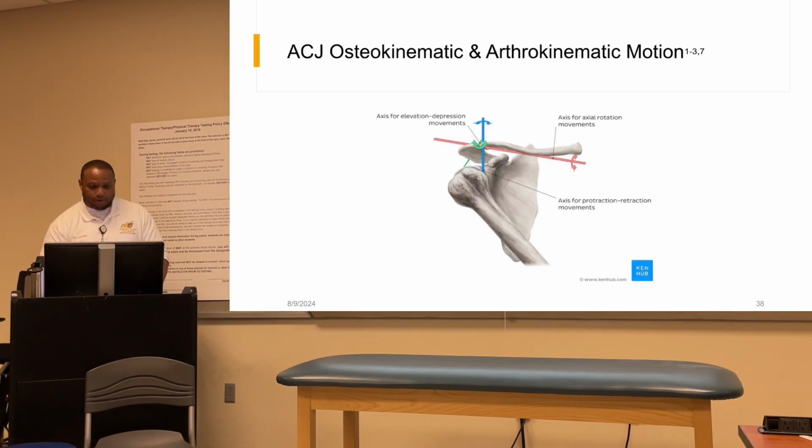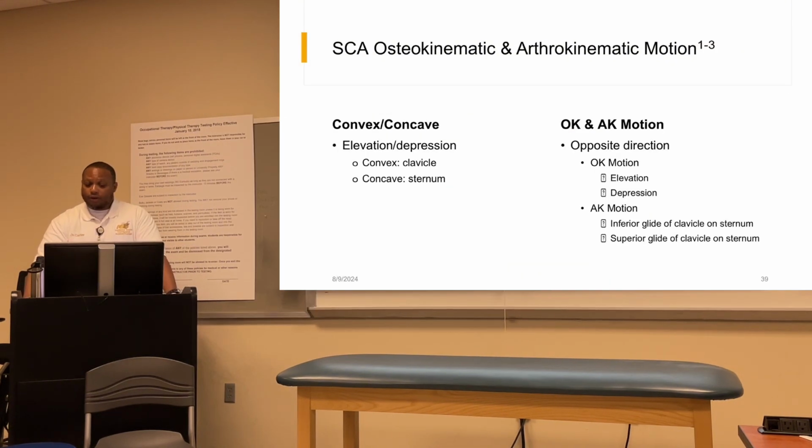So here's a diagram showing us the axis for elevation and depression movements, an axis for axial rotation movements, and then the axis for protraction and retraction movements. So you just go in and look at those for a visual effect. With elevation and depression, you have convex clavicle moving on the concave sternum. So the medial end of the clavicle moving on the manubrium of the sternum.